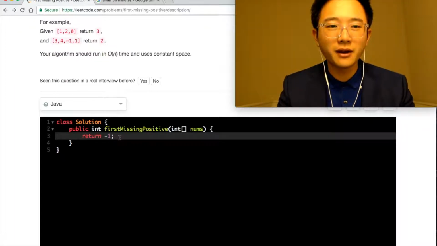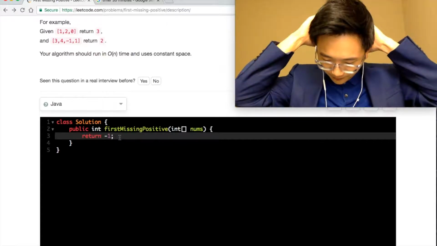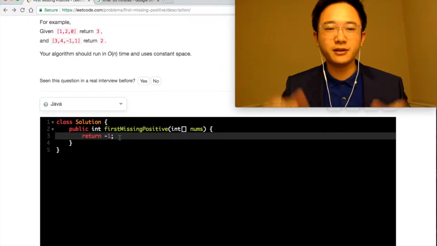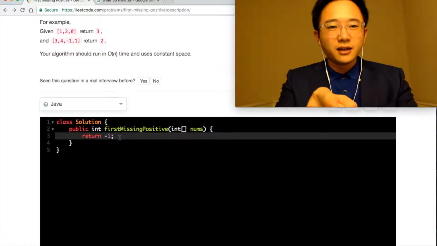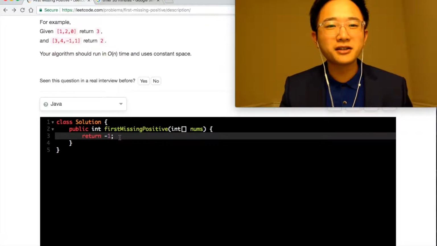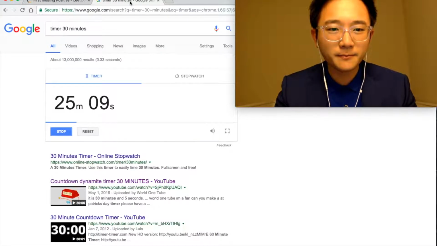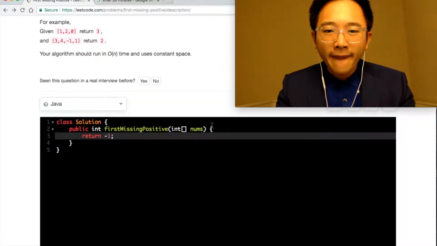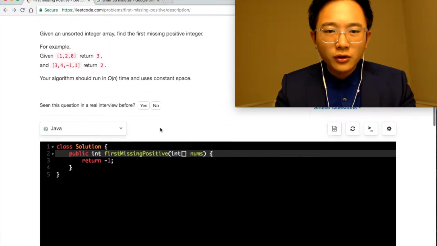But we can't sort the array, and we should have constant space. So we can't sort.